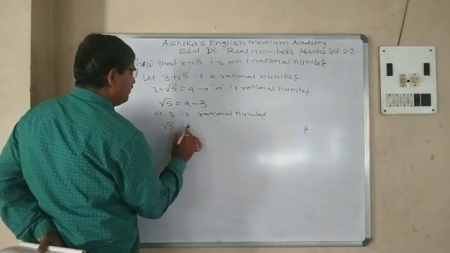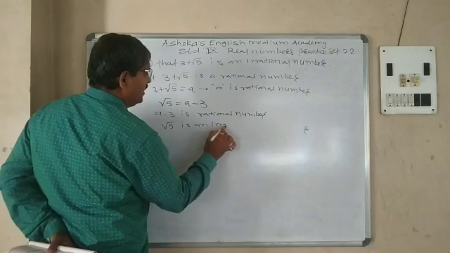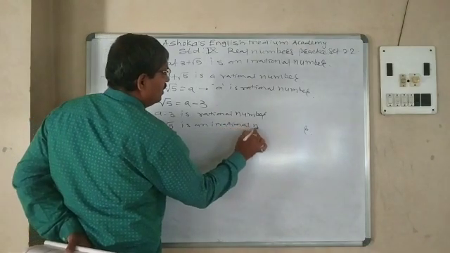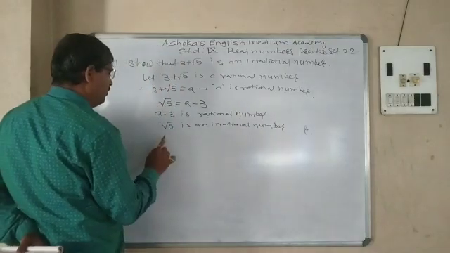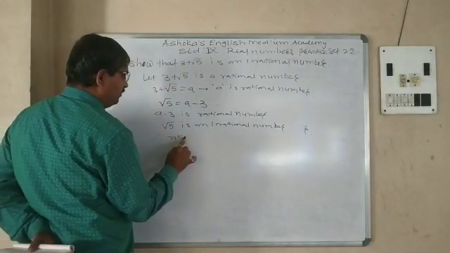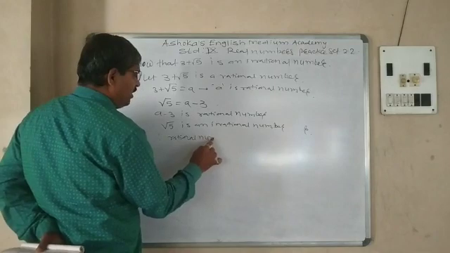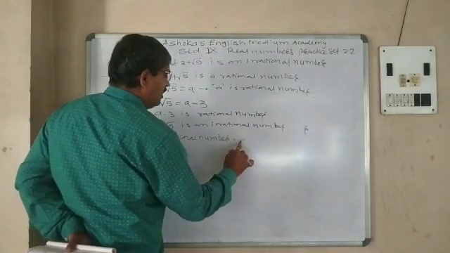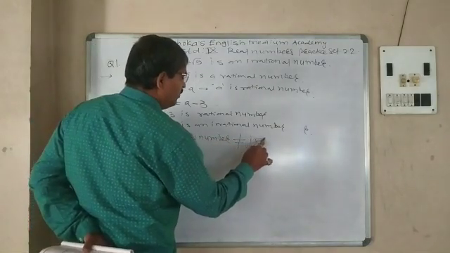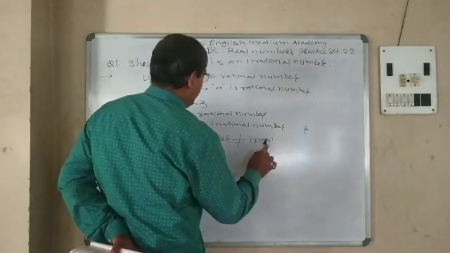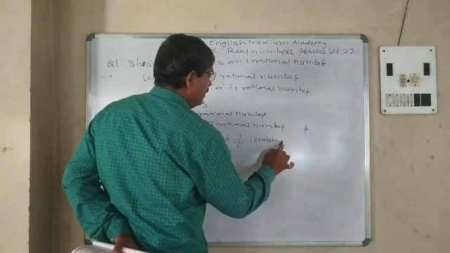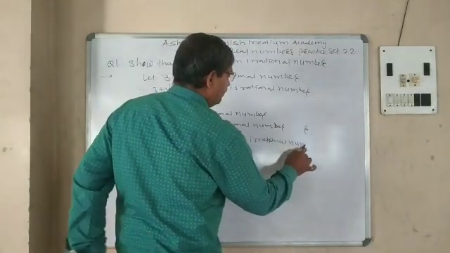Root 5 is an irrational number. Therefore, a rational number is never equal to an irrational number.